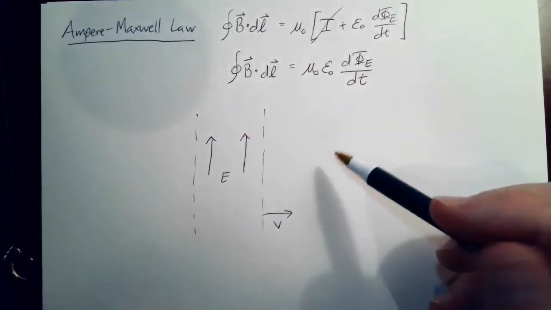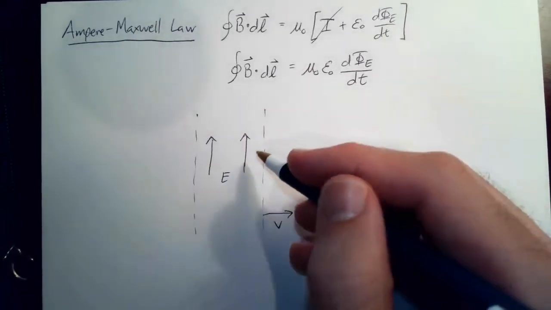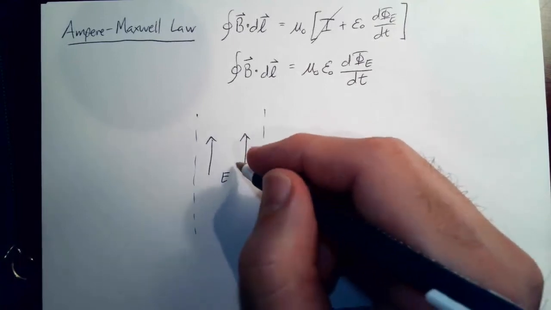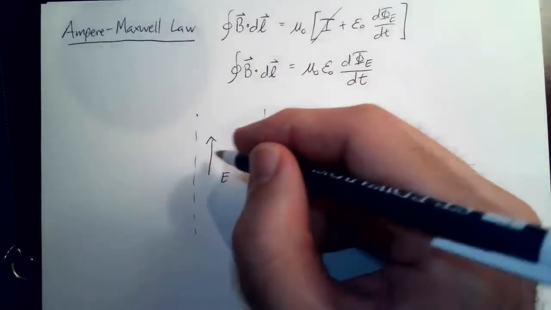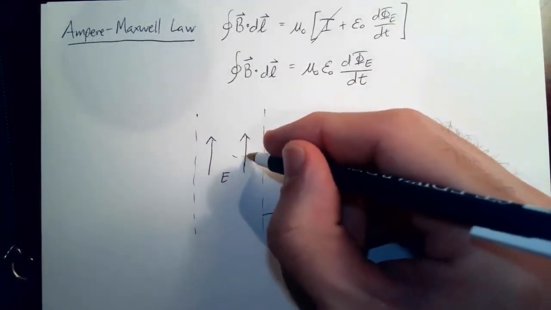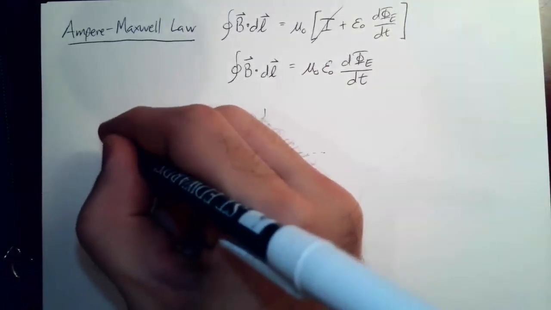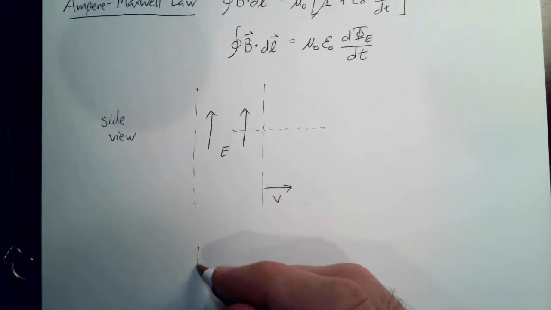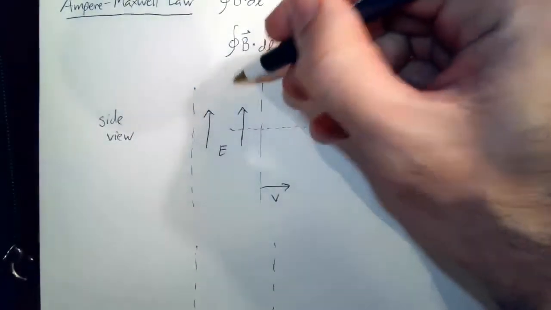So if I want to draw my Amperian loop so I get some electric flux through the loop, I'm going to have to draw it perpendicular to E, which from the side is going to look like just a straight line like this, but remember it's a rectangle, so this is the side view. From the top, now we're looking down on it from above.